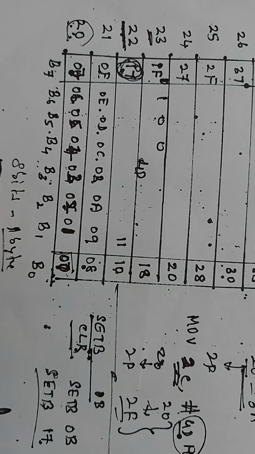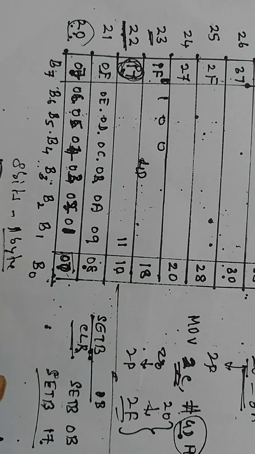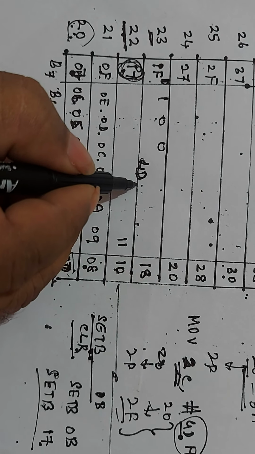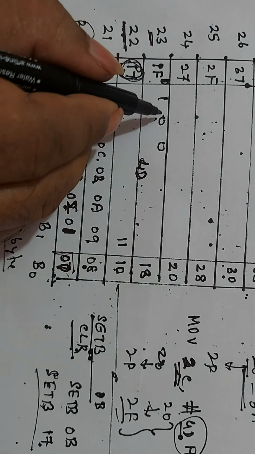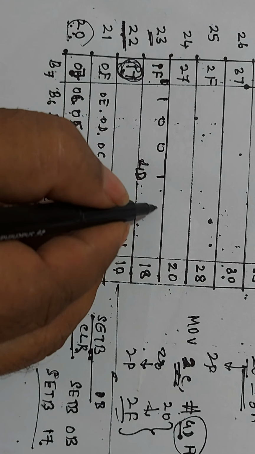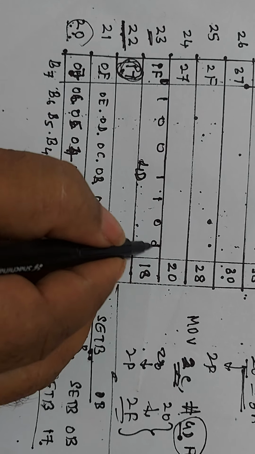D means, A is 10, B is 11, C is 12, D is 13, so D is 1, 1, 0, 1.